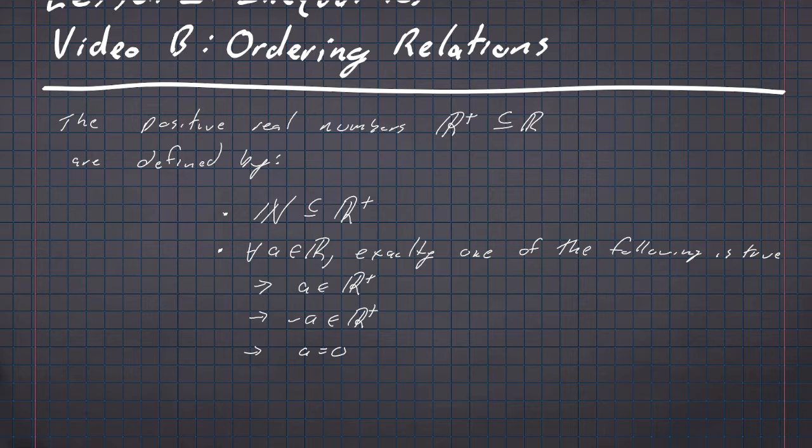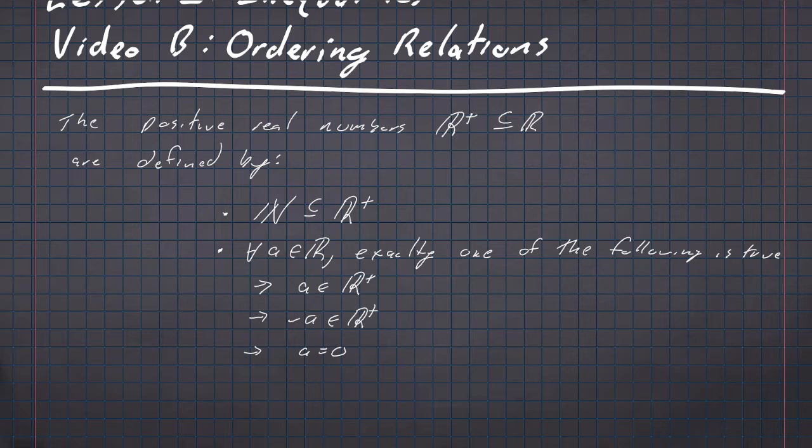Or the opposite of A is a positive real number, which means that A itself is not a positive real number and A is not zero. Or A is zero, in which case A is not a positive real number, and the opposite of zero, which is also zero, is still not a positive real number.